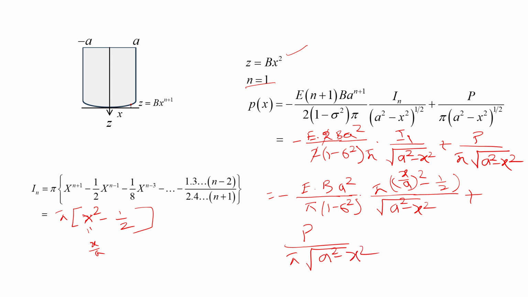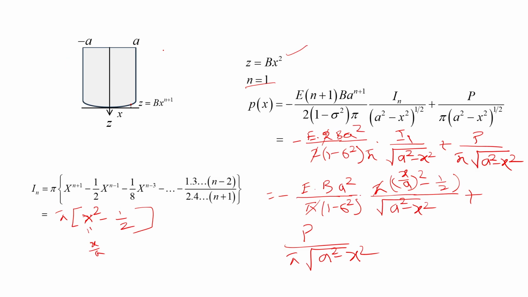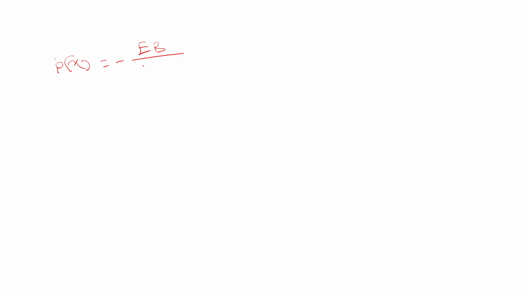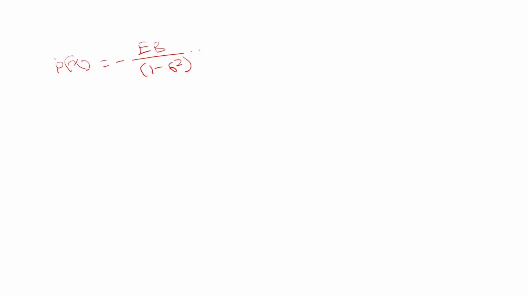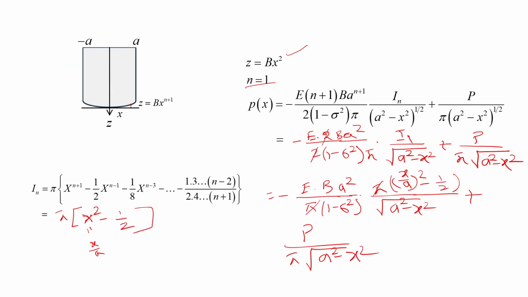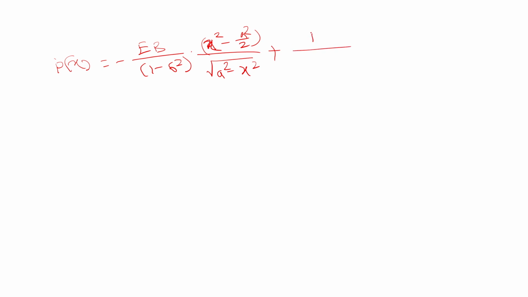If I further simplify this, pi gets cancelled over here, and so I will have p of x is equal to minus E, and here it is B by 1 minus sigma square, capital B, it will be 1 minus sigma square over here into x square minus a square by 2, and square root of a square minus x square, plus capital P by pi square root of a square minus x square, like that.